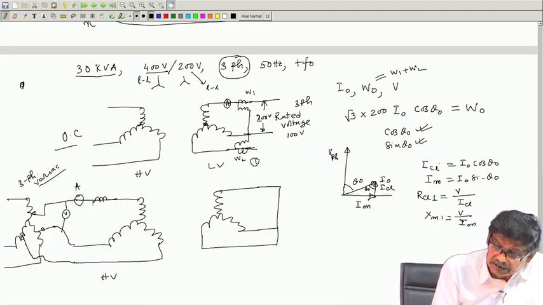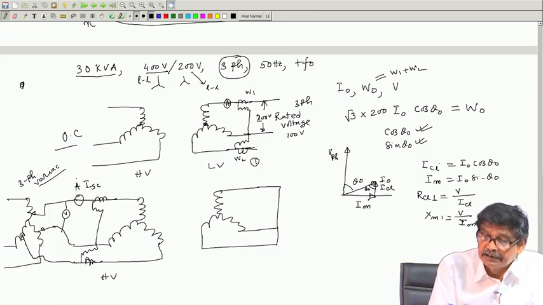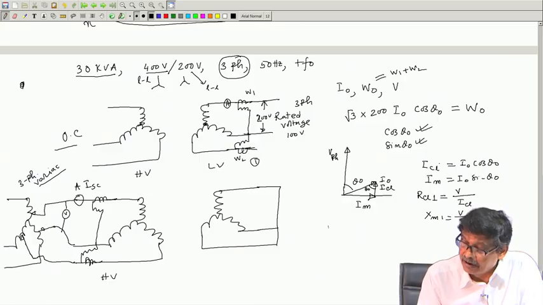Here also connect a 3-phase transformer, 2 wattmeters, current coil and pressure coil. Note down the ammeter reading and call this current ISC. How much voltage should I apply so that rated current flows? What is the rated current on the HV side, IHV rated?